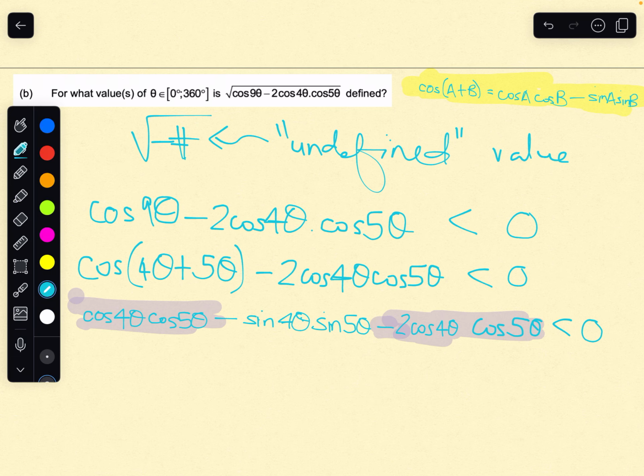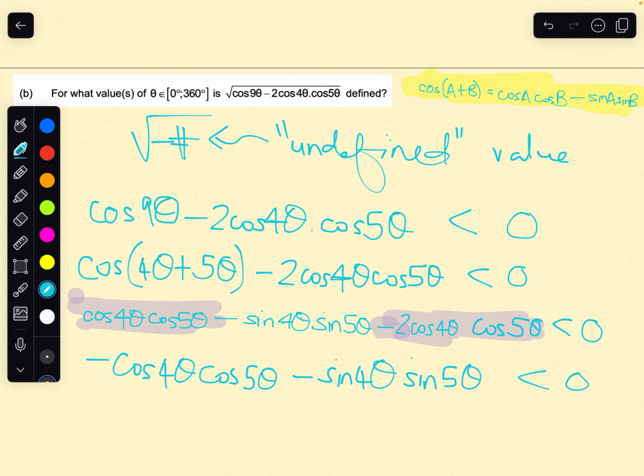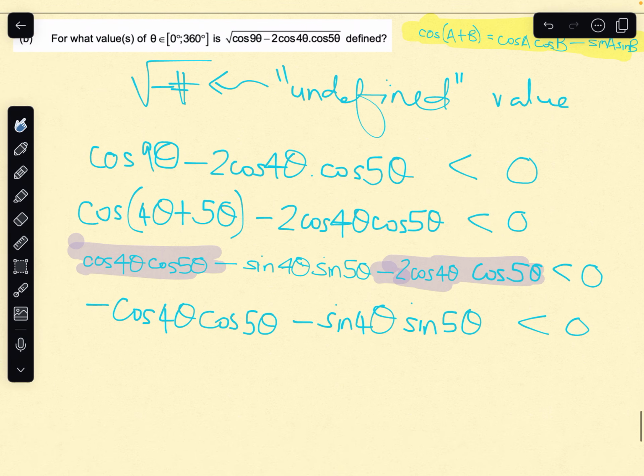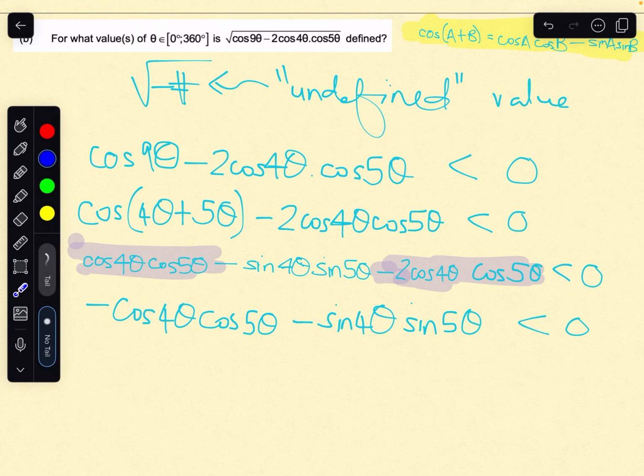If I minus them, what I end up with is minus cos 4 theta cos 5 theta minus sine 4 theta sine 5 theta. Okay, and this is now looking like, again, this identity, right? Cos A cos B, and then sine A sine B.